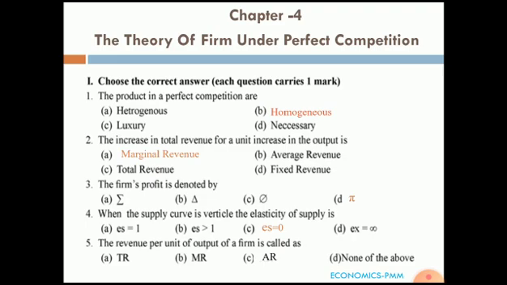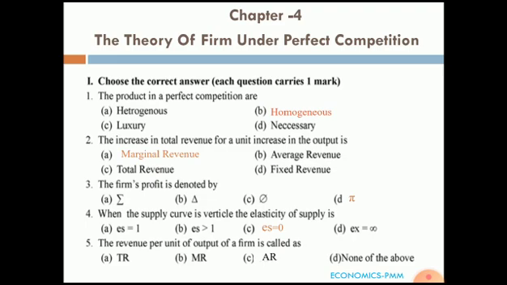So all these types of elasticities we have discussed. It means there is no response from the seller. Whatever may be the change in price, the seller will not respond to that. He will be supplying fixed quantities into the market. So ES is equal to 0.